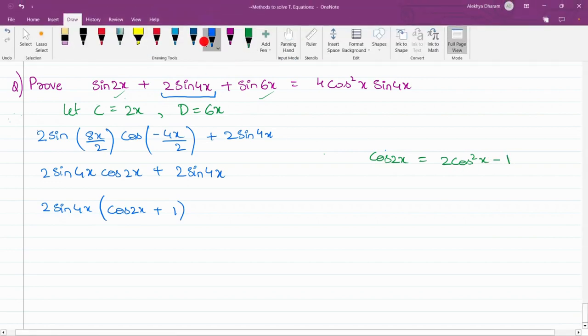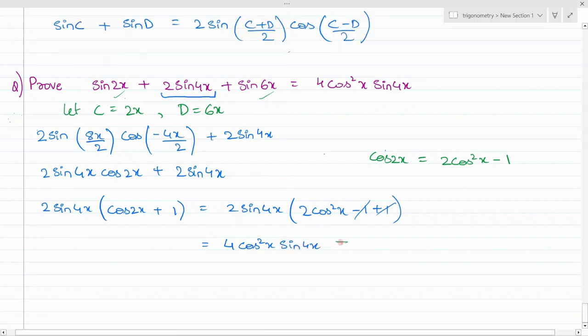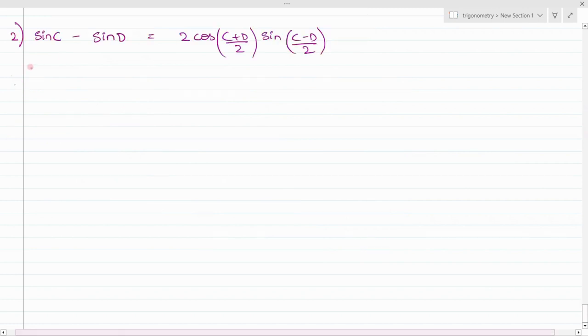Substitute this formula over here. We'll get 2 sine 4x into 2 cos square x minus 1 plus 1. These two values cancel and the final part is 4 cos square x into sine 4x. So this is the required RHS.